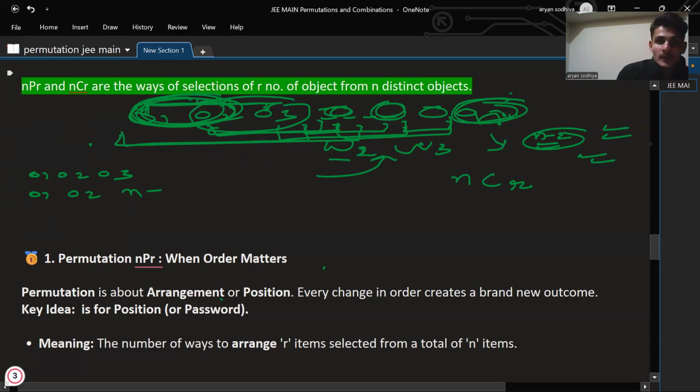Okay. But remember one thing. Here O1, O2, O3 and O3, O2, O1 are treated as similar.